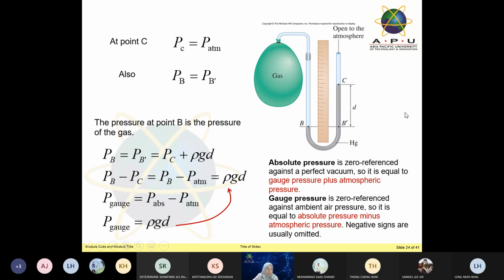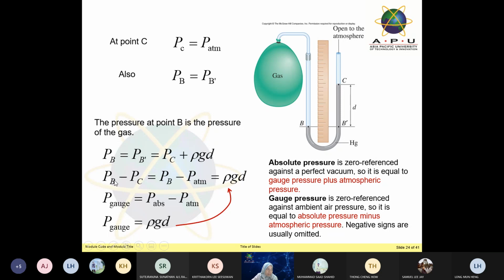The pressure at point B is the pressure of the gas. Here, the pressure at point B is the pressure of this gas. There is no liquid here. So PB is equal to PB prime equal to PC plus rho GD. So we need to know this distance only. Other distances, we don't care. We need to know this distance D to substitute here.